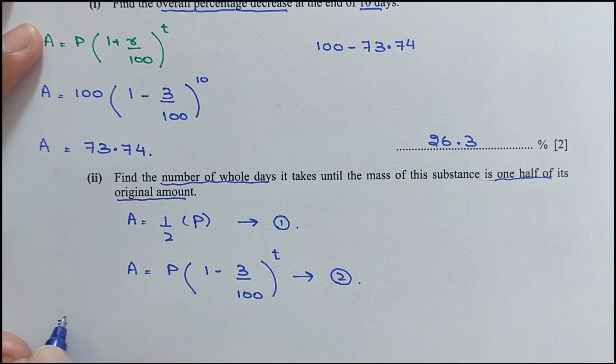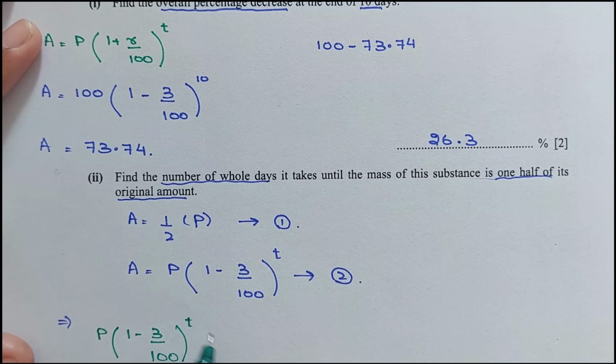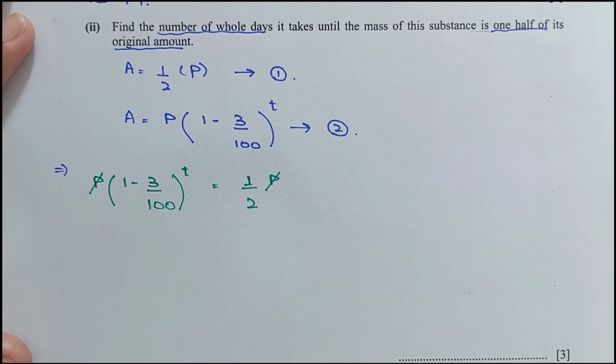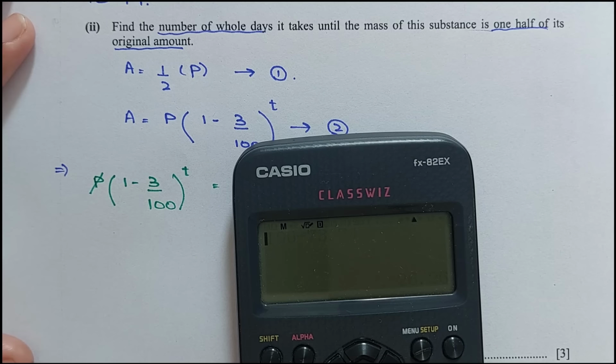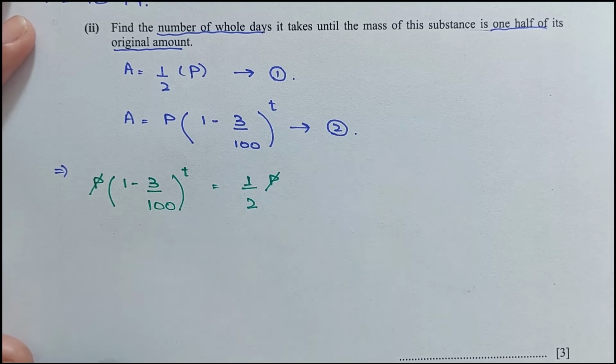So from here we have P times (1 minus 3/100) to the power of T. This is going to be half of P. So we can cancel the P on both sides and solve for T. So what is 3/100, and 1 minus the answer? This is 0.97.